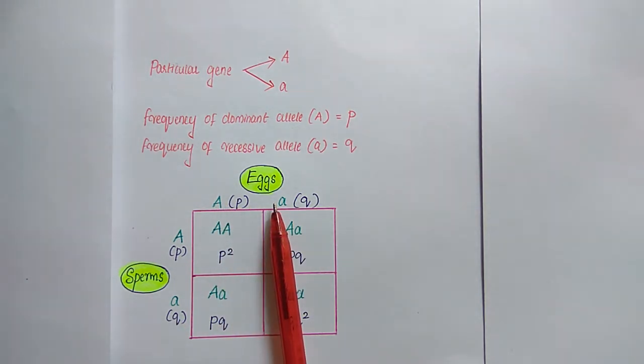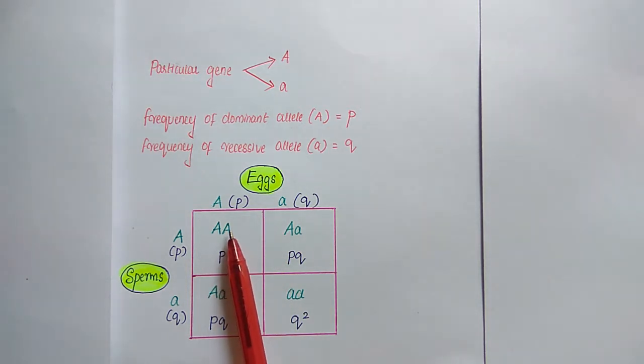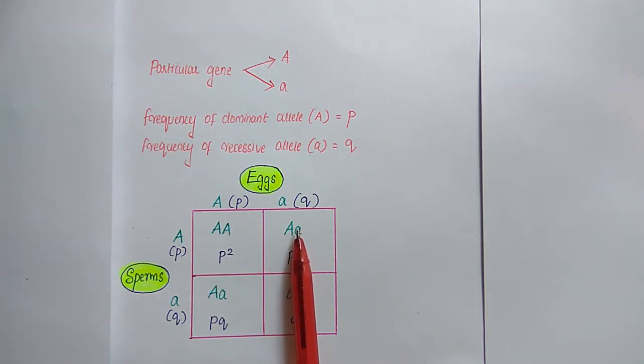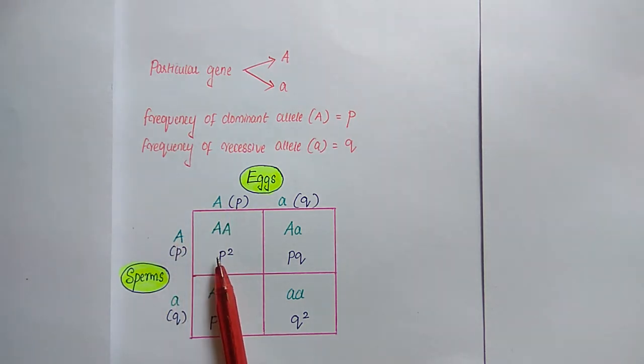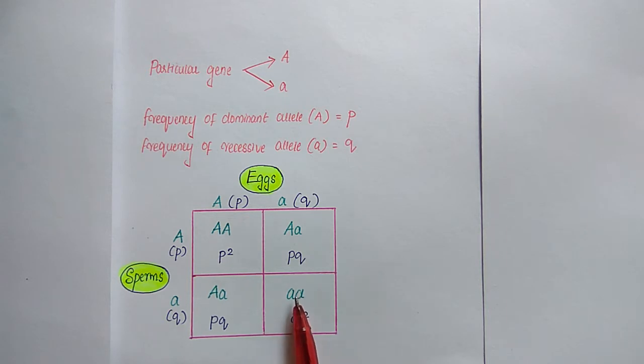These are the different alleles, and the combinations of two alleles form the genotypes. Thus the probability of forming the AA homozygote, that is the homozygous dominant genotype, is p into p, that is p square. The probability of producing the homozygous recessive genotype in a population is q square, that is q into q.